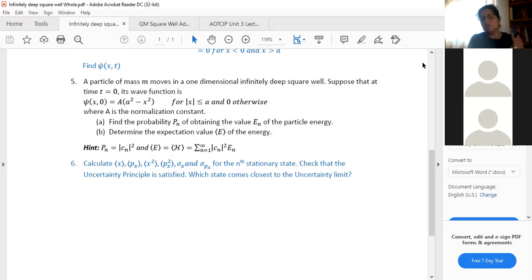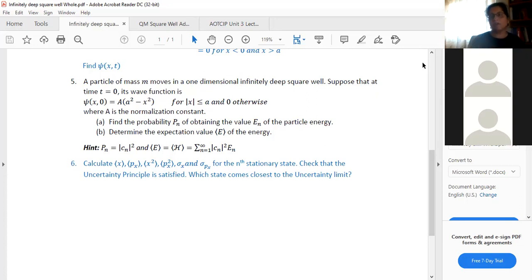And then it has asked you which is the state that comes closest to the uncertainty limit. So you have to see in which particular state the uncertainty in x multiplied by the uncertainty in px is closest to h cross by 2. It has to be greater than or equal to h cross by 2, but which approaches h cross by 2. Now, I'm going to give you the answer beforehand, and I think some of you already know it.